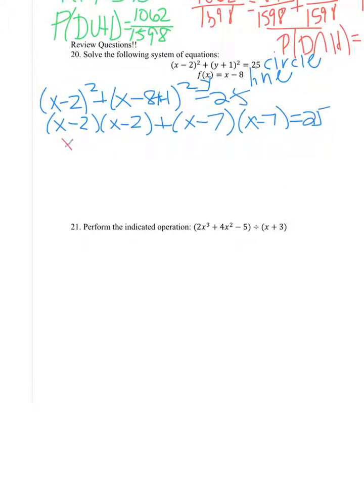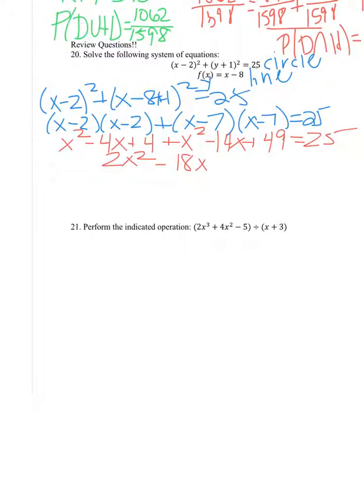So this gives me x squared minus 4x plus 4 plus x squared minus 14x plus 49 is equal to 25. So on this side I have 2x squared minus 18x plus 53 is equal to 25.